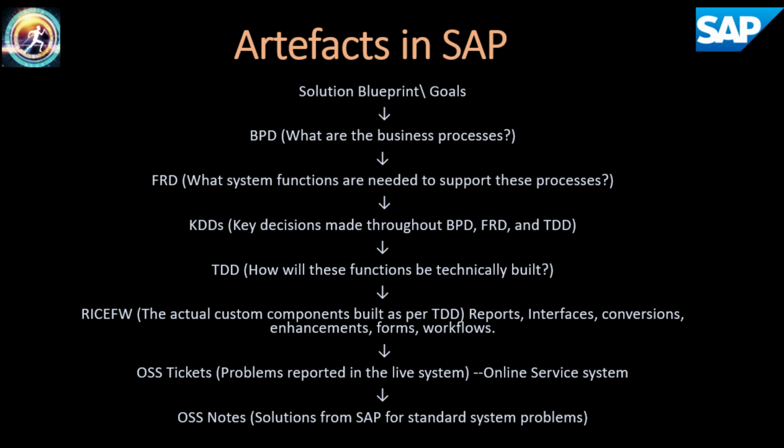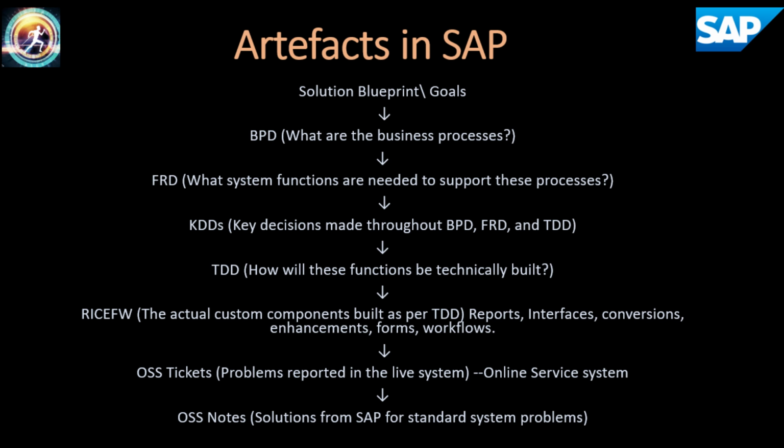Then we have the functional requirement document, which is the next level of document. Now that we have the business process clearly defined, it needs to be converted into functionalities, which are the features. That conversion and those levels of detail get documented in the functional requirement document.